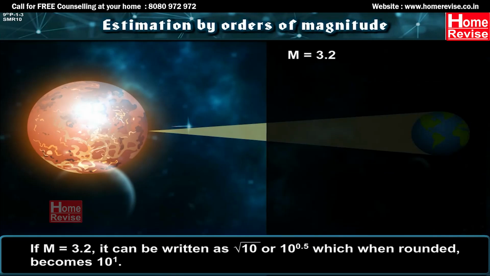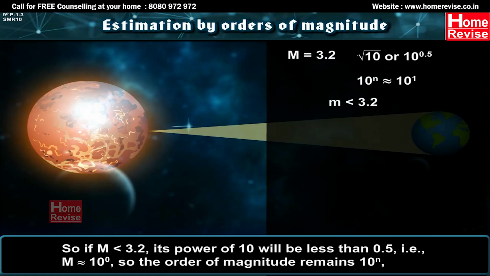If m is equal to 3.2, it can be written as root 10 or 10 raised to 0.5, which when rounded becomes 10 raised to 1. So if m is less than 3.2, its power of 10 will be less than 0.5, that is m is nearly equal to 10 raised to 0.